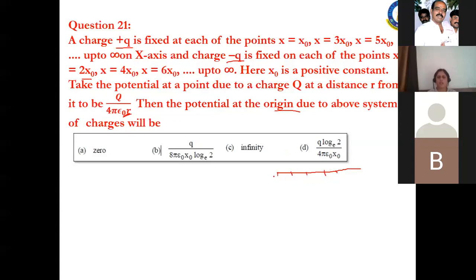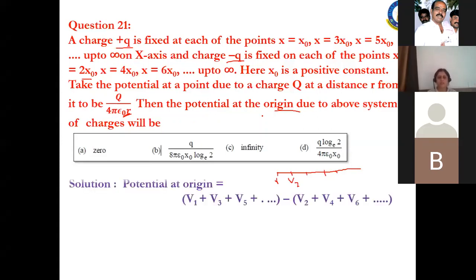Like if I take the potential at this point as V1 and this point as V2 and V3, V4, like that, at every odd numbered point you have a positive potential, and at every even numbered point you have a negative potential due to the minus q charge. So now what is the net potential at the origin?